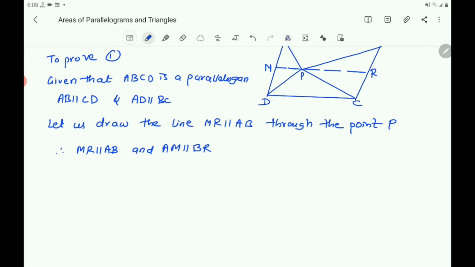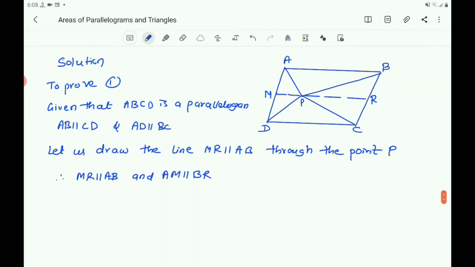And you know that triangle ABP and the parallelogram ABRM are on the same base AB and between the same parallels AB and MR. Therefore, area of triangle APB is half the area of the parallelogram ABRM. Similarly, area of triangle PDC is half the area of the parallelogram MDCR.